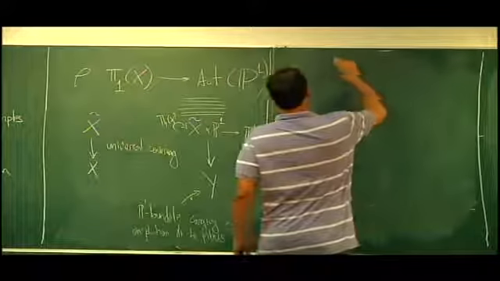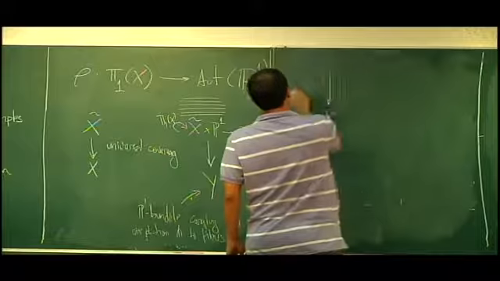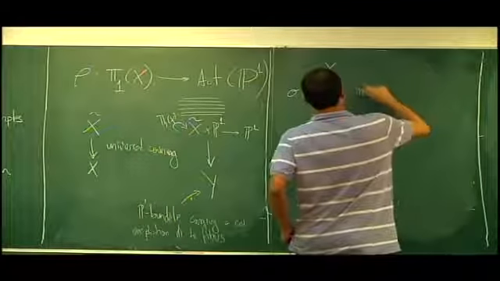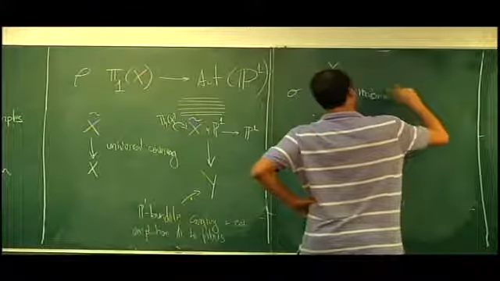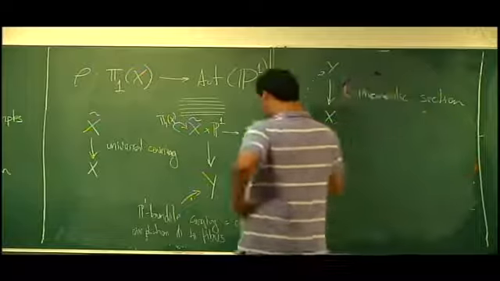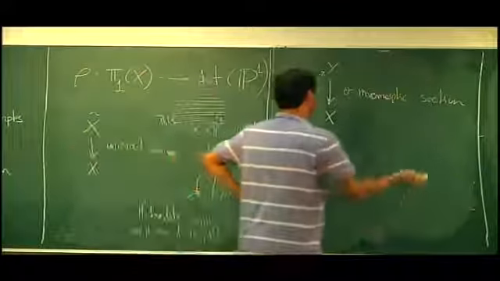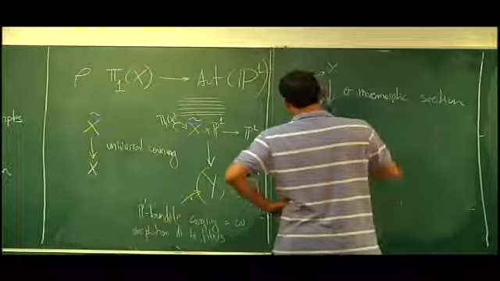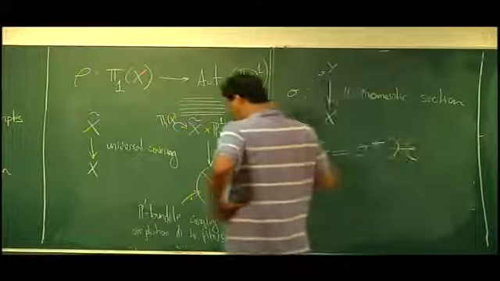We have this Y going to X, and I can now take a meromorphic section sigma. Here I come with a horizontal foliation H, and we can define the foliation F on X as the pullback of H by sigma.